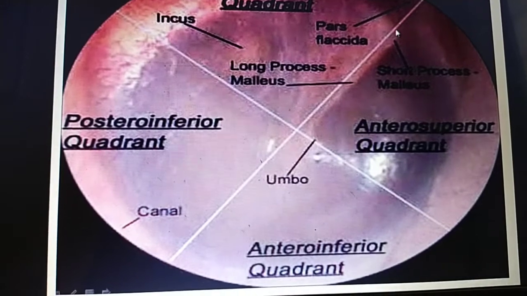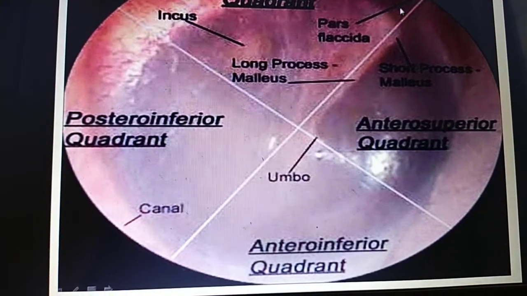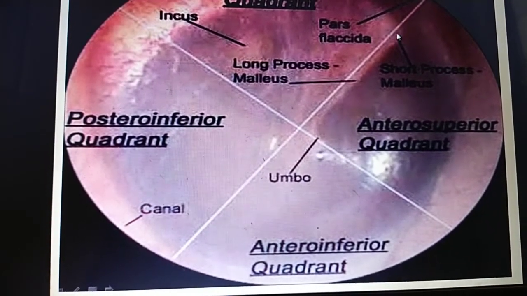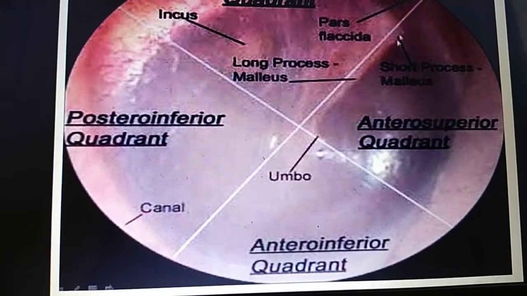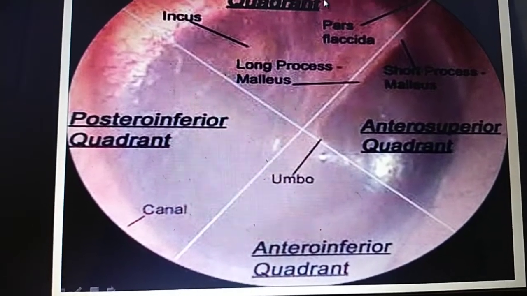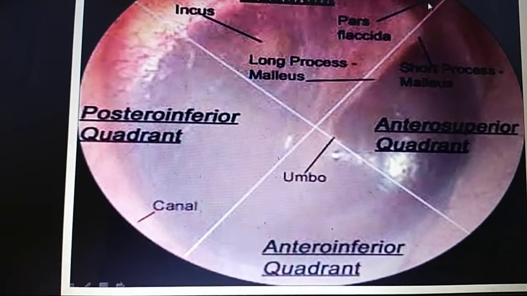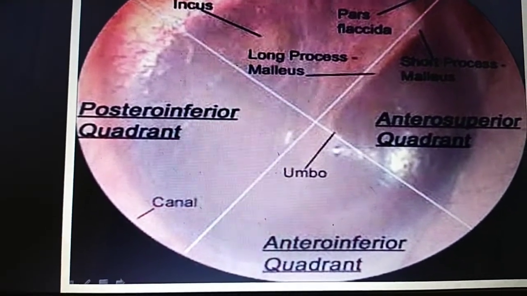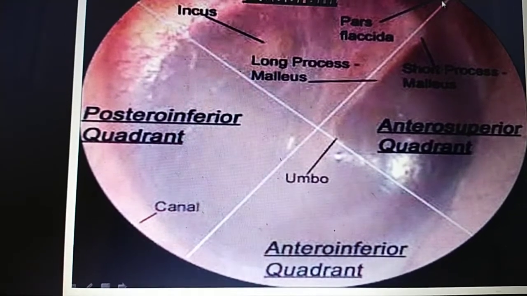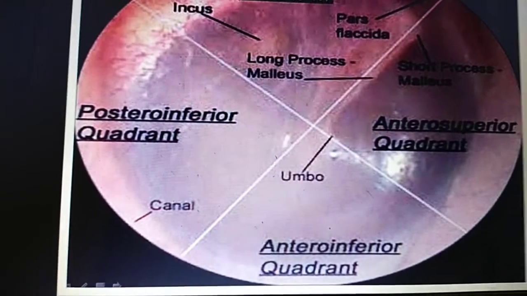And just above the short process of the malleus, between the anterior and posterior folds of the malleus, you can see the triangular, flaccid portion of the tympanic membrane. It is called the pars flaccida.